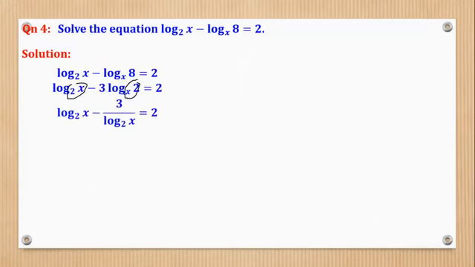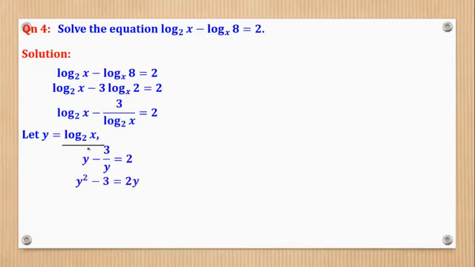So that means that if I want to make this one the base, I'll have to get the reciprocal. Think to remember that under converting a base. Then I will let y be equal to log of x base 2. Let me substitute. Now I think it is simpler. I can multiply by y and rearrange to get a quadratic and then solve it.